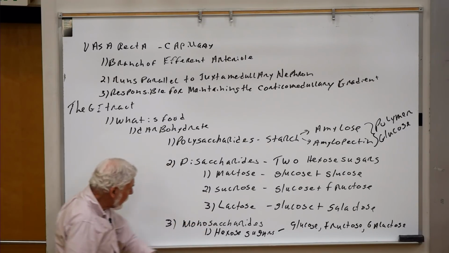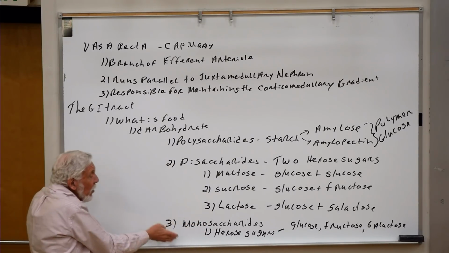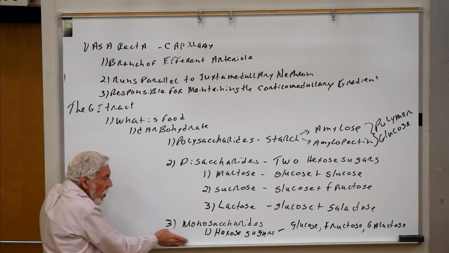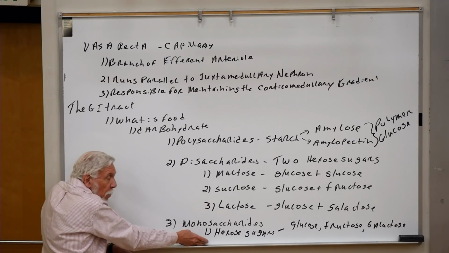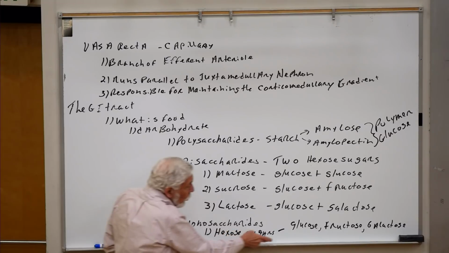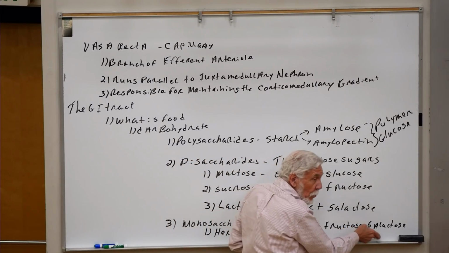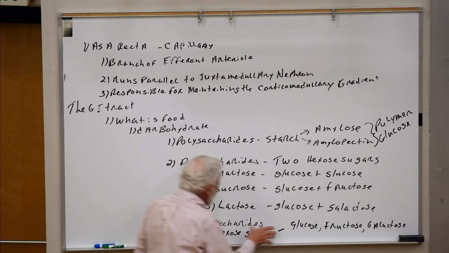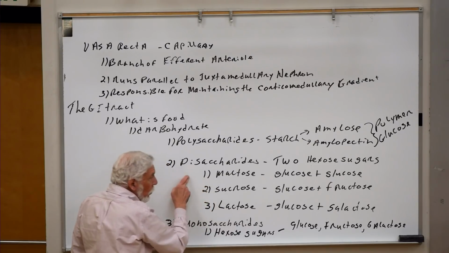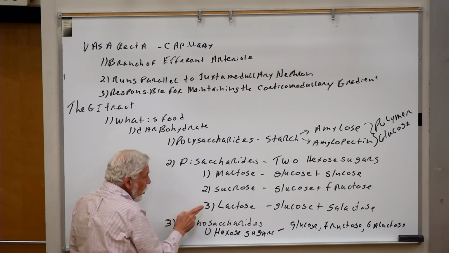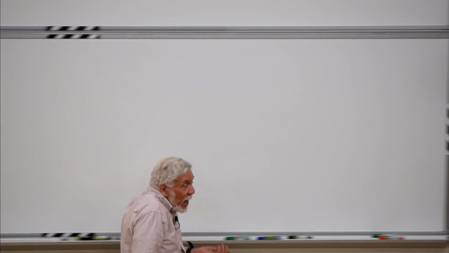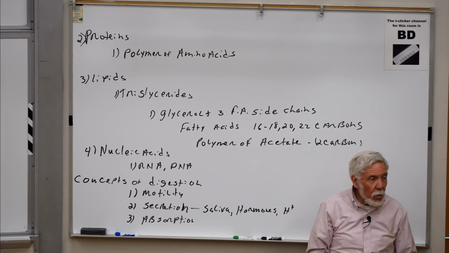And then finally, there are the monosaccharides, and the monosaccharides are the hexose sugars, and the 3 major hexose sugars are glucose, fructose, and galactose, all 3 of which are incorporated into the disaccharides to form maltose, or sucrose, or lactose. Then another major component of the diet that we're all familiar with, of course, is proteins, but proteins are simply polymers of amino acids.